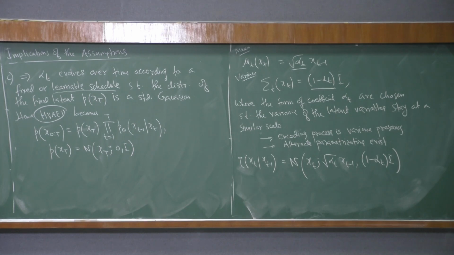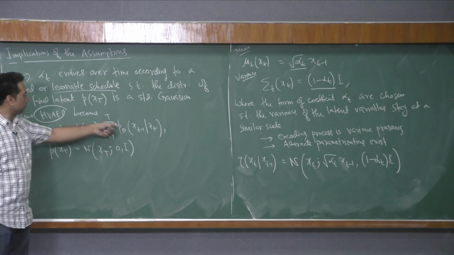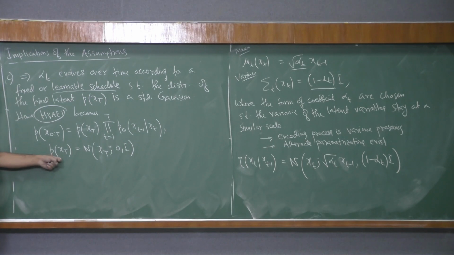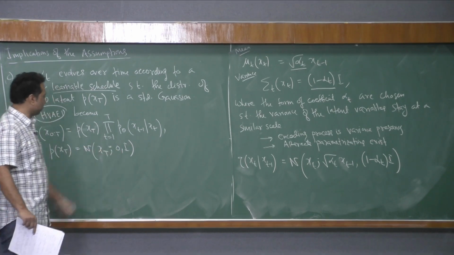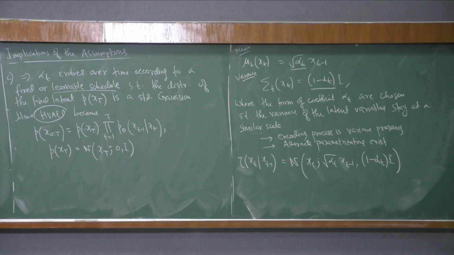If you recall, in HVAE1 we had written things in terms of x0 and z1 to T, but remember the z's were changed to x, so now we write everything combined as x0 to t. This includes x0 and all the z's, and it simplifies the notation. What assumption C tells us is to make sure that the distribution for the last time step is a standard normal distribution, with zero mean and identity variance.